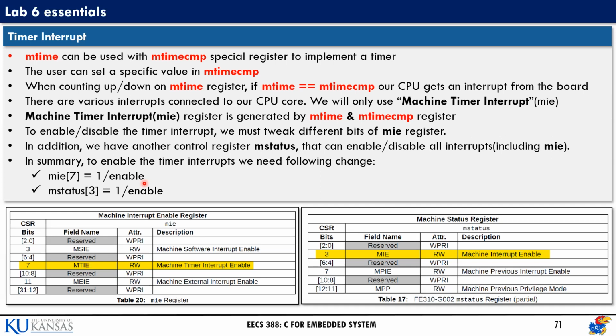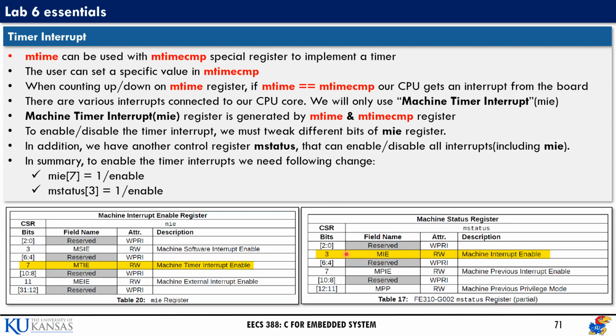And in addition, we have another control register, the mstatus register, that can enable or disable the interrupts, including the MIE. If we observe the mstatus register, on the right hand side of the table, you can see here bit 3 is for enabling or disabling the interrupt.